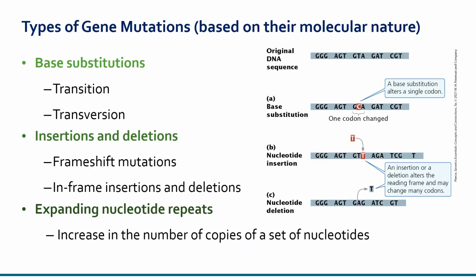So once we have a mutation in a germline cell, we can start to look at what type of mutation actually took place. There are a couple of broad categories here. The first is a base substitution. Now this is where a single base or a very small number of bases is substituted for a different base pair.